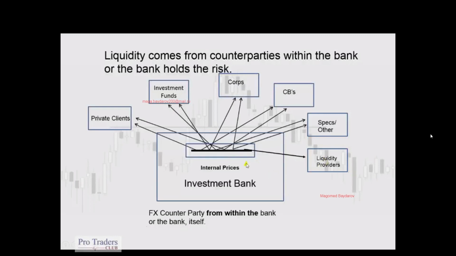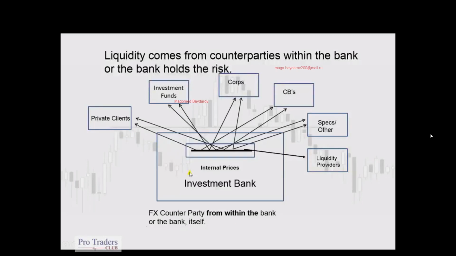Now, the investment bank is also going to have a multitude of profiles of how they're dealing with each individual type of client. So if you're just a private client, for example, and you want to send $100,000, do a wire transfer into another currency or to another country, they're going to have a certain charge for you, and the spread is potentially quite wide. And then they can effectively choose your spread based on your level of knowledge, how much you challenge them, and how you negotiate with the bank for that spread.